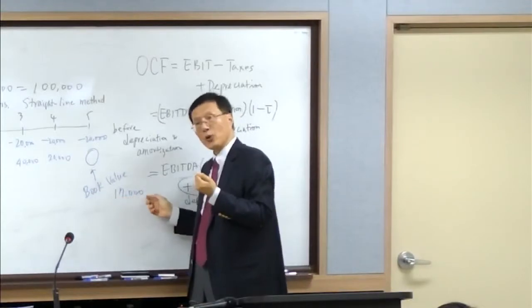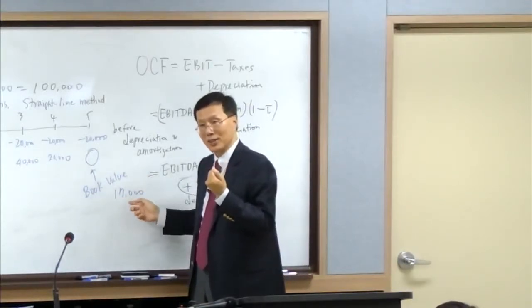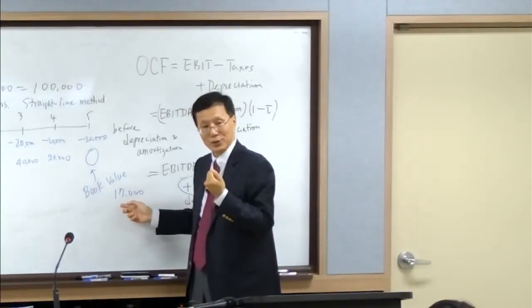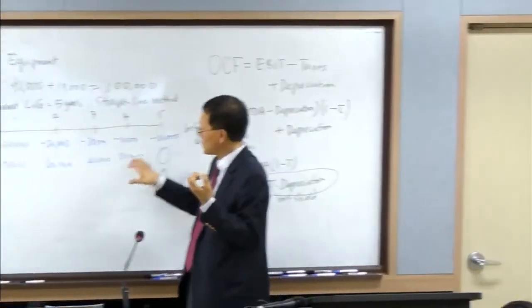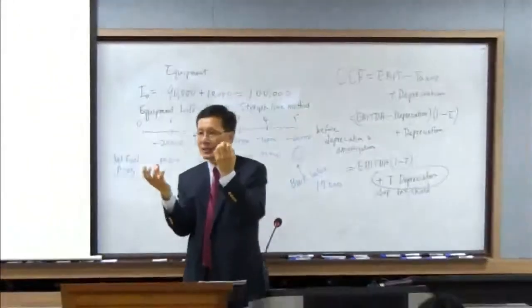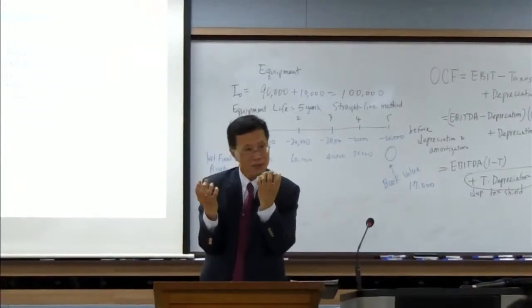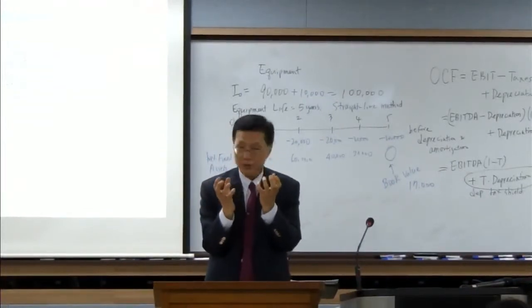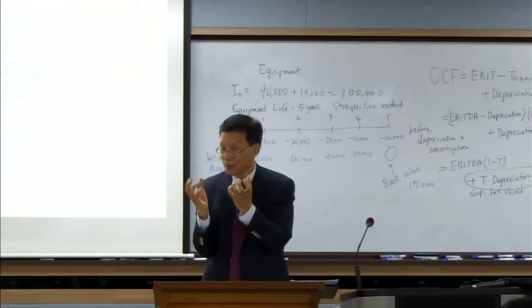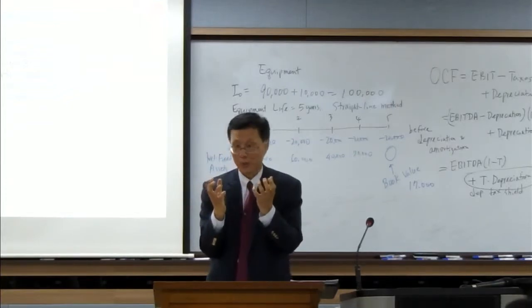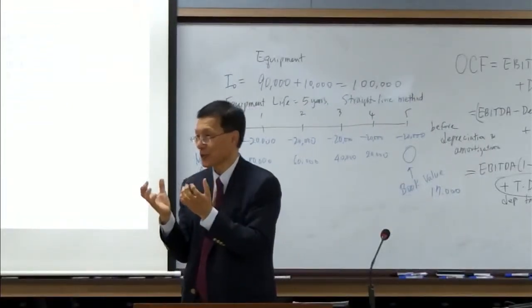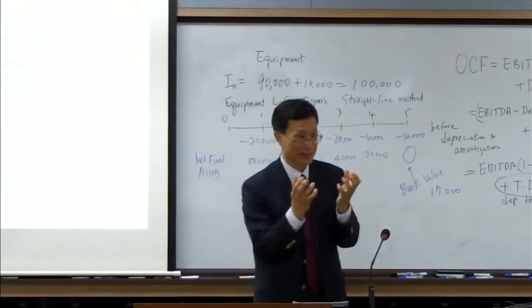But that's not all your money because there is capital gains. There's a profit. You are selling the asset that has 0 value in the books but selling at 17,000, so 17,000 is your profit. So you have to pay tax on it. Whenever there is profit, the tax authority is there to get it.